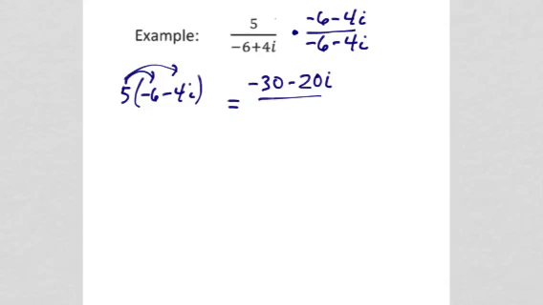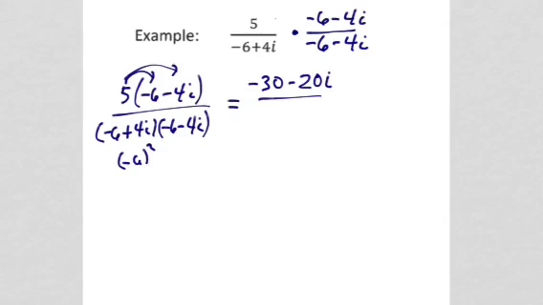Now in my denominator, we end up with what I showed you a minute ago. We have the exact same thing except the middle term has been switched from plus to minus. When that happens, we end up with a squared minus b squared. In this case, it would be 4i.